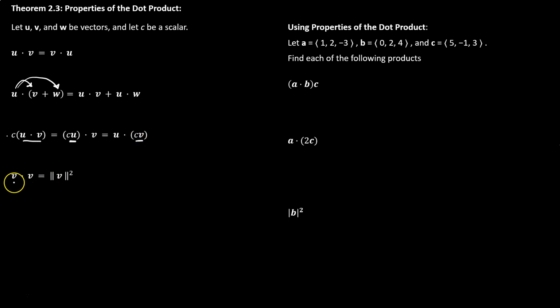And then the last property on the screen says that if you take a vector and you dot it with itself, it's equivalent to the magnitude of that vector being squared. So I encourage you to verify any one of these by using the general form of a vector.